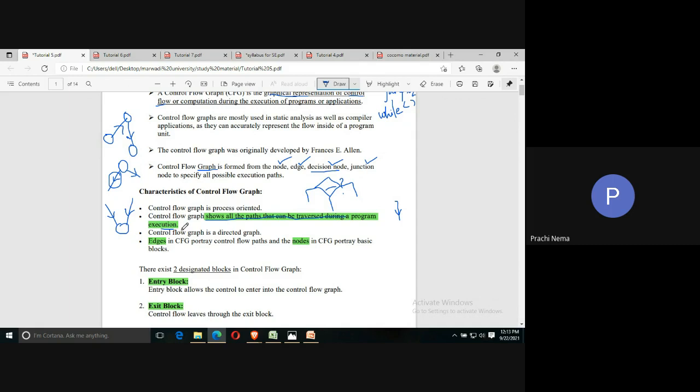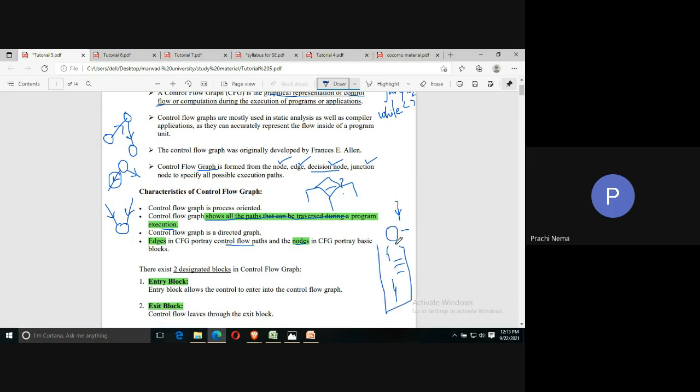Okay. Then the edges in the control flow graph will show you the flow of control, obviously, and nodes will tell you about the blocks. That is, a node can represent either a single line of code or a block of code, which we represent using braces. So the lines of code enclosed within braces, we say it is a block of code.